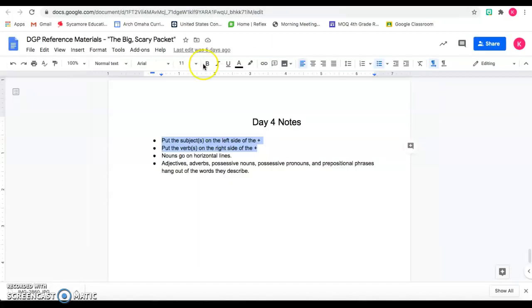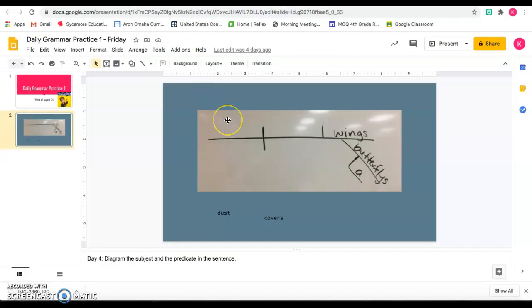So let's refresh our memories. The subject goes on the left side of the plus sign, and then we're going to put the verb or verbs on the right side of the plus sign. So subject on the left, verb or verbs on the right. So luckily, we separated this into subject and predicate earlier in the week when we did that on Tuesday.